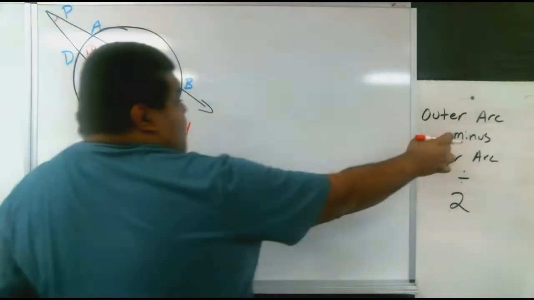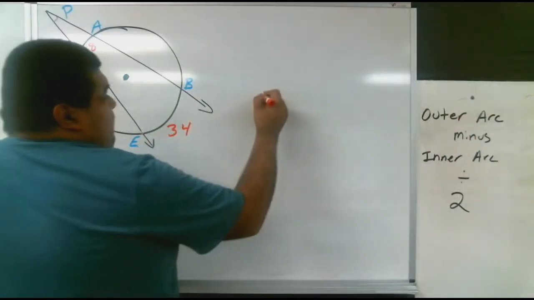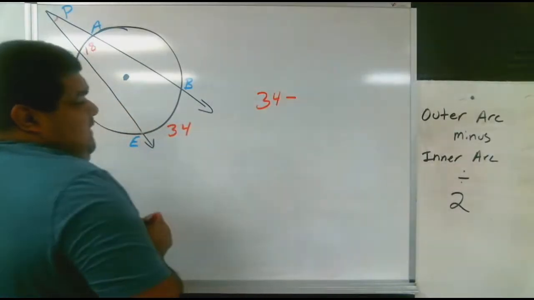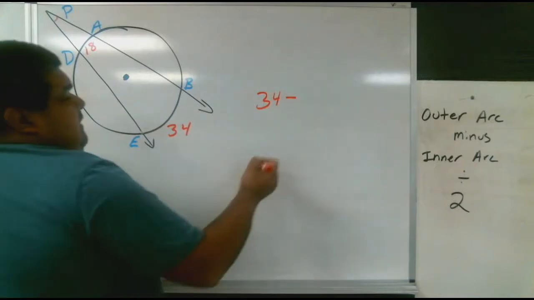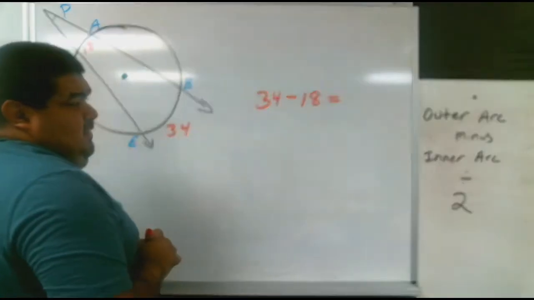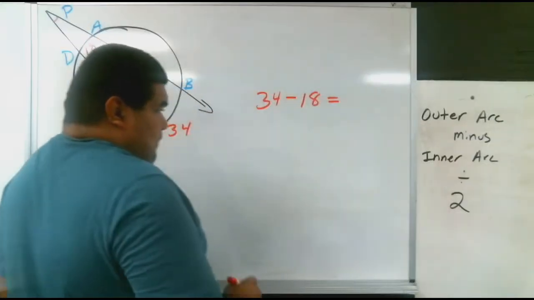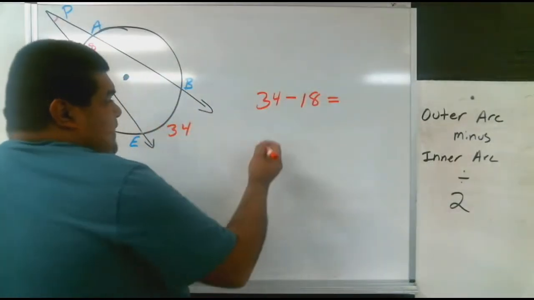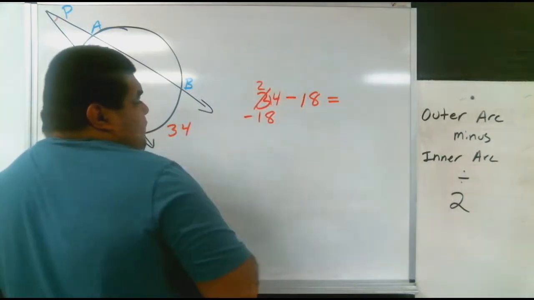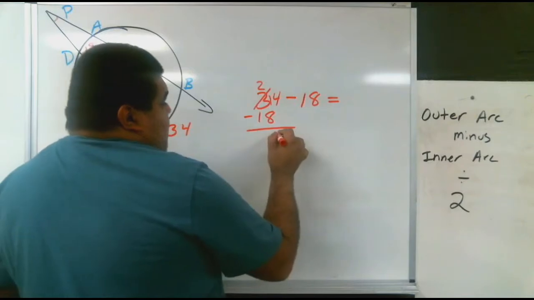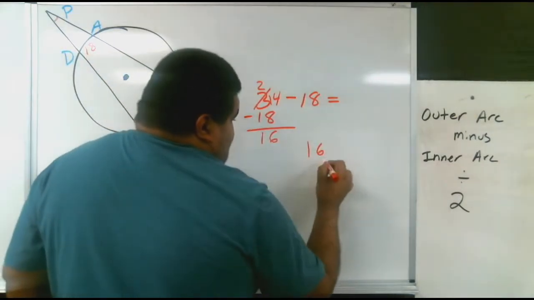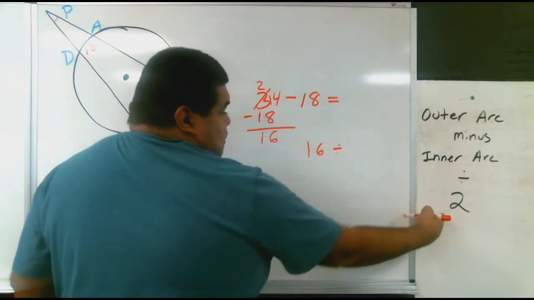Again, what we're going to do is we have the outer arc, which is 34, minus the inner arc, which in this case is 18. Whatever answer we get, we divide it by 2. So 34 minus 18, we're going to do it the old-fashioned way. We borrow, so we have 14 minus 8, we have 6, 2 minus 1 is 1, so we have 16 divided by 2.